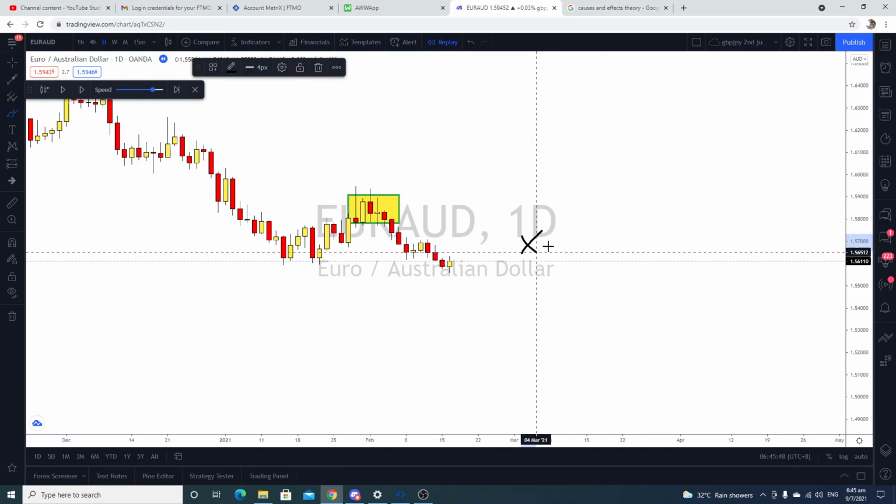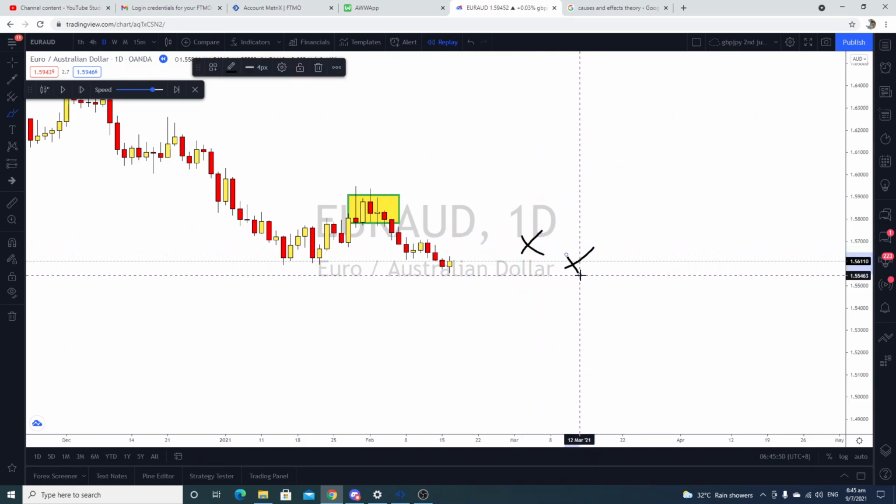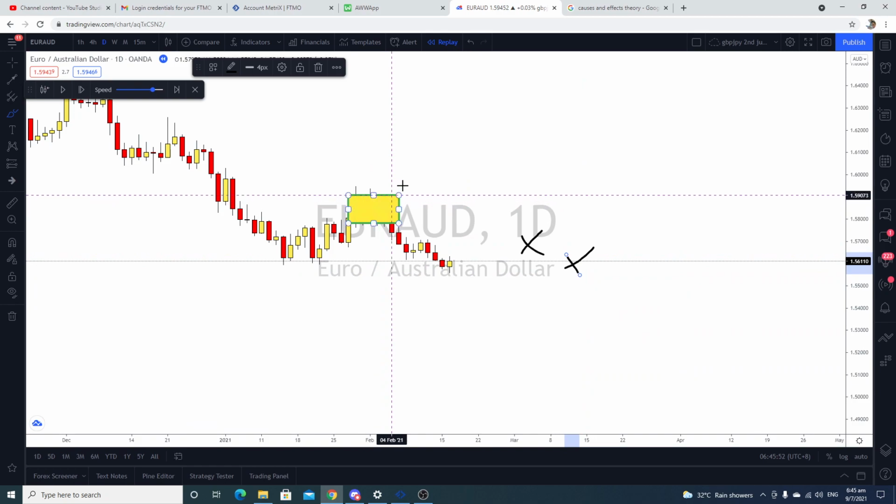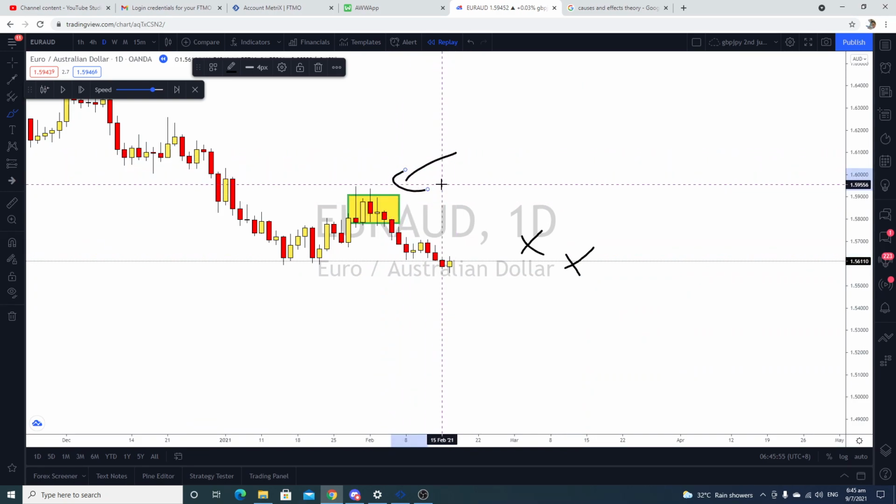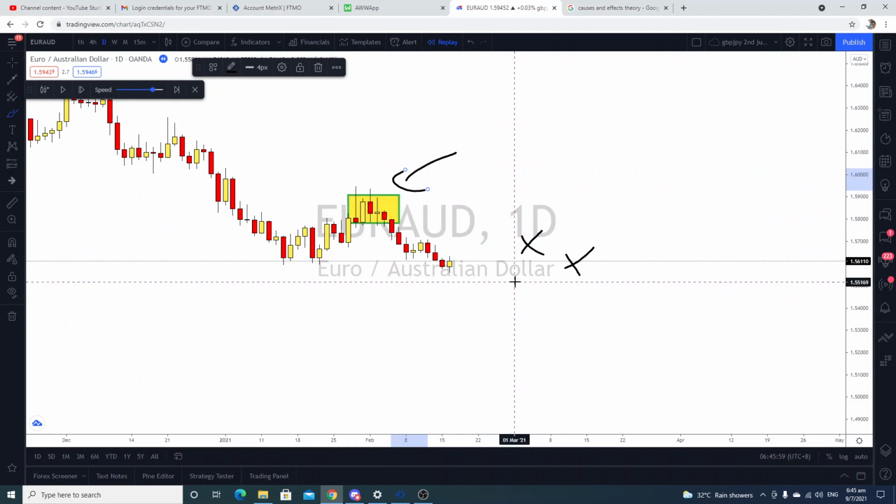What is going to happen here, we do not know. But we know that there's a cause here. What is the cause? Sellers are pushing the price down in sub bar, buyers are weak. The effect is here. So should price go up, it can still go down maybe.